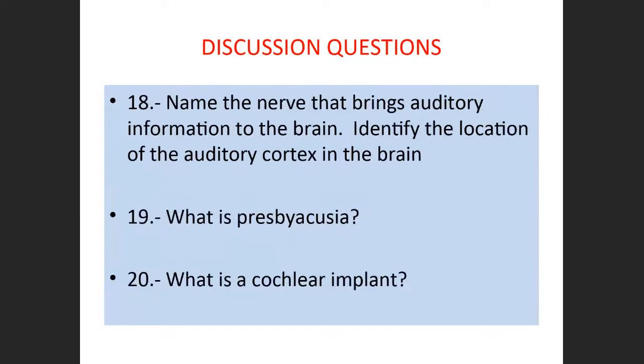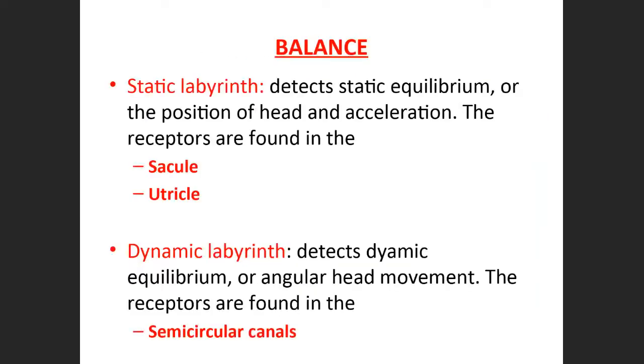All right, so there's really not much left. Equilibrium, again, a lot of it is just anatomy and remembering which structures are static equilibrium and which are dynamic equilibrium. So the saccule and utricle are static equilibrium, and the semicircular canals are the dynamic equilibrium.